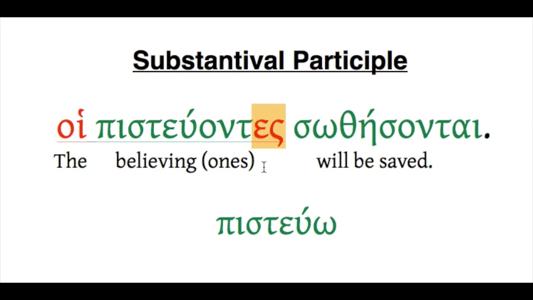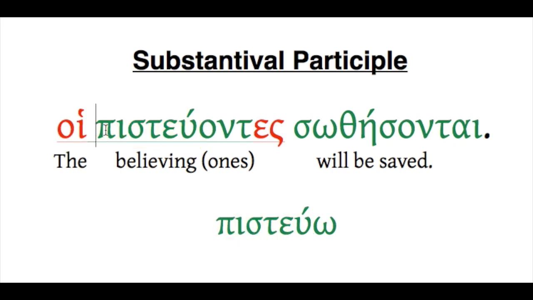It's got a noun ending on a verb. That's a participle. Now, it helps you in my text that I multicolor them. So that makes it really easy to tell participles. But they're a verbal adjective, right? Okay, so how do we know this is present? Well, because this pistuo has not changed.